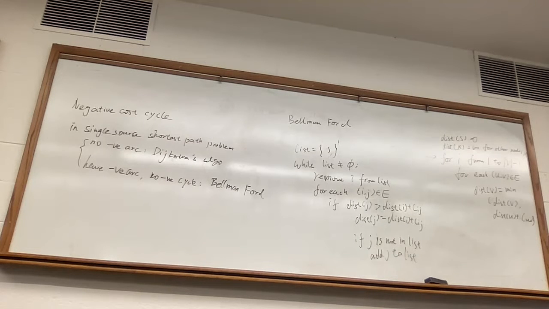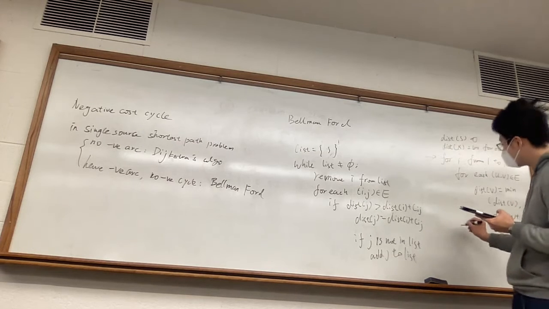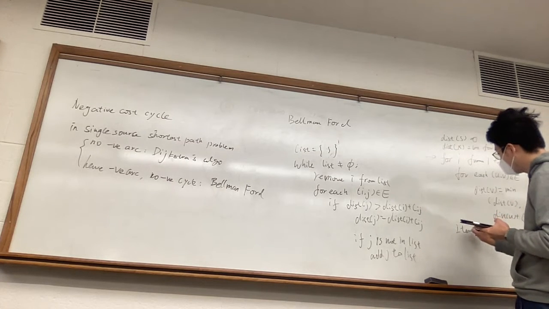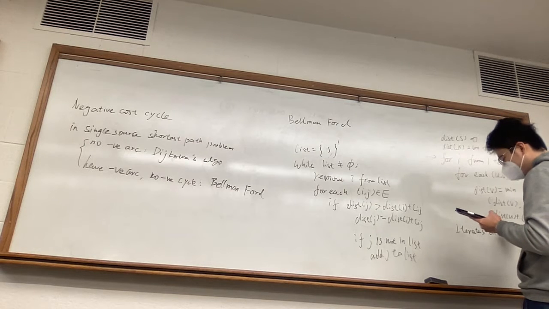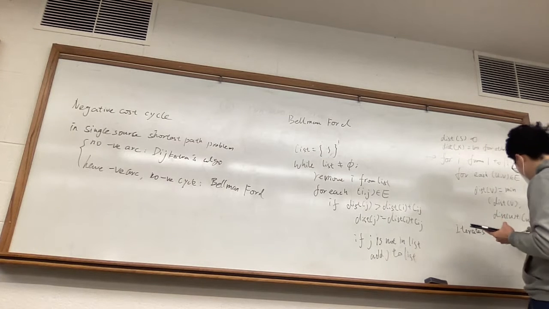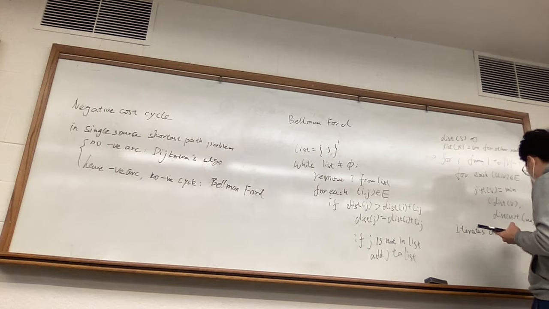Why am I sure that I can solve the single source shortest path problem in at most n minus 1 iterations? Why am I sure? That's to say, in this case, it iterates at most n minus 1 times.